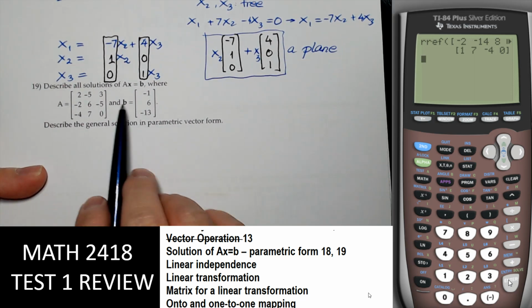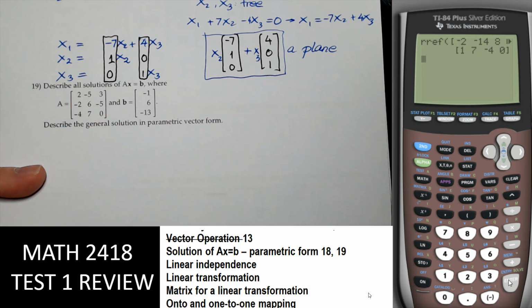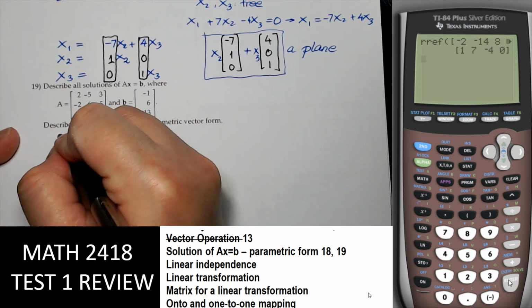Right. Next, this one. So we put in augmented matrix and reduce row echelon form.